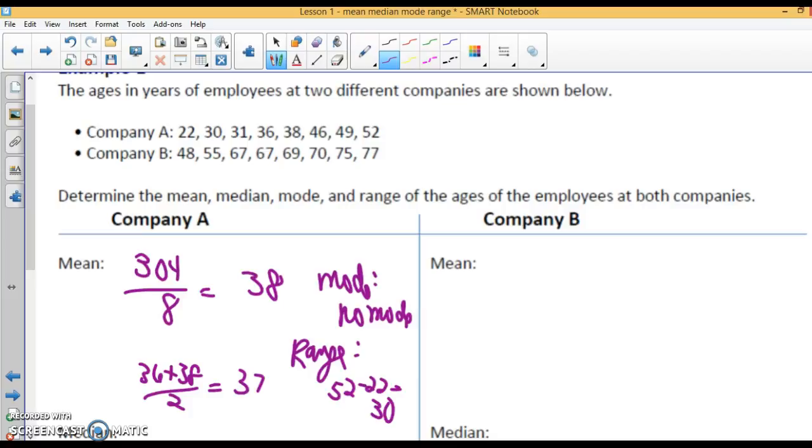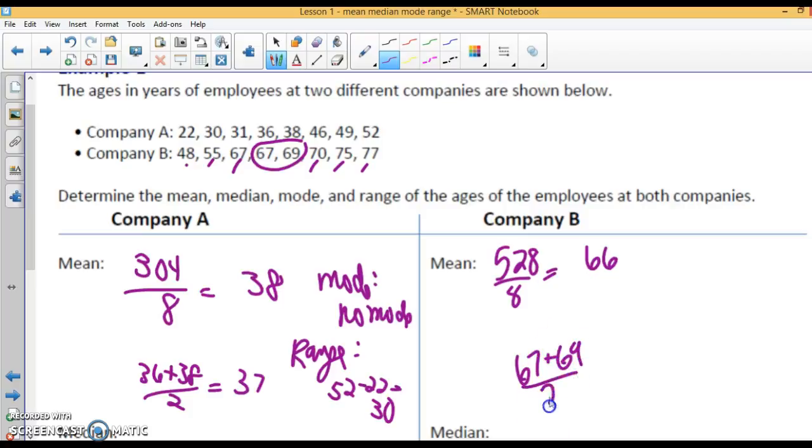Company B, mean. If I add company B up, I get 528, and again there are 8 numbers, and when I divide, I get 66. My median: cross off first, last, first, last, first, last. I've got two middle numbers, so again, when you have two middle numbers, find the average of those two middle numbers, and you end up with 68.